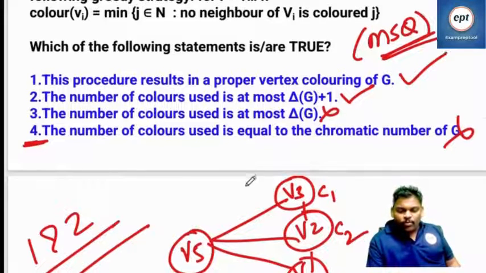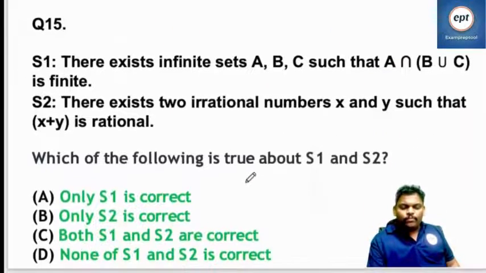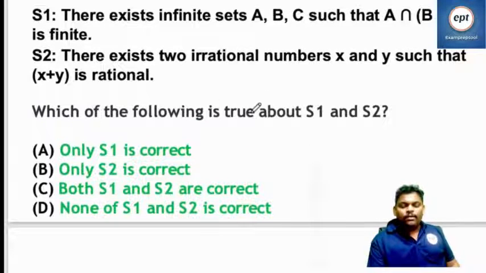Now come to the next problem. Question number 15. S1: There exist infinite sets A, B, C such that A intersection B union C is finite. S2: There exist two irrational numbers x and y such that x plus y is rational.